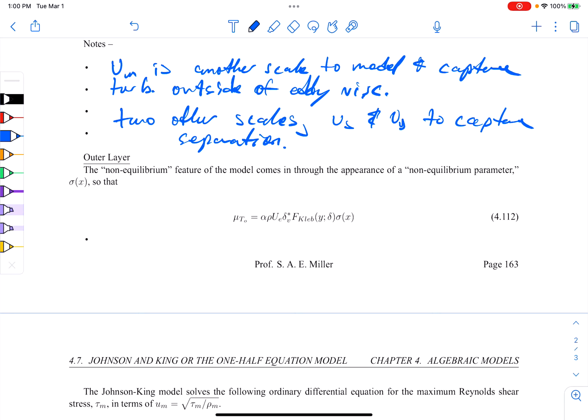In the outer layer, there's a non-equilibrium model, and they introduce what they call a non-equilibrium parameter, sigma x, that's just attached to the outer layer formulation. So all this is almost exactly, if not exactly, like the previous models, and they attach this extra term. And we'll look at how that's modeled in the journal article in a second.